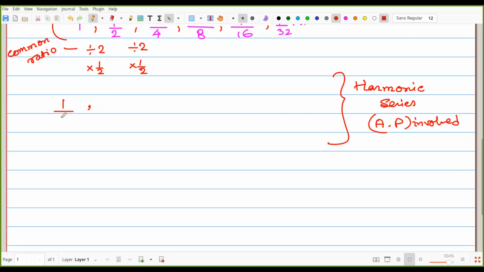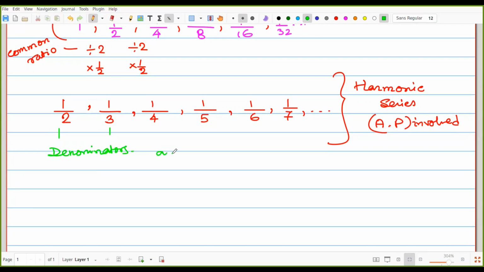Suppose 1 by 2, 1 by 3, 1 by 4, 1 by 5, 1 by 6, 1 by 7. If we look at the denominators, the denominators are in AP.